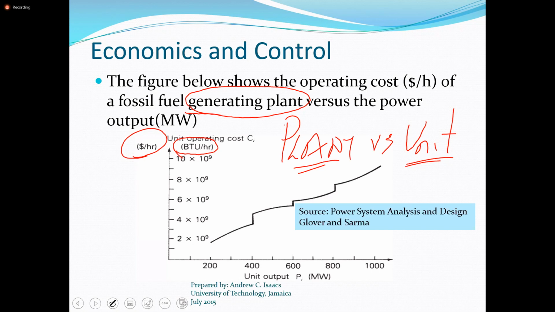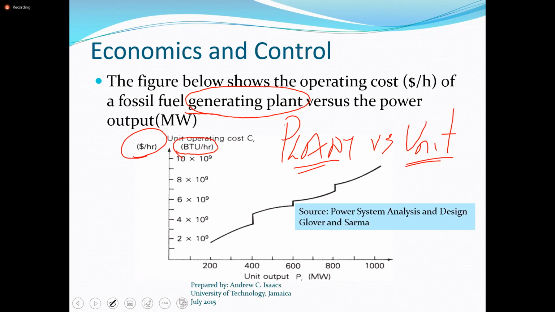Each generator would be considered a unit, and the generators combined in that facility would be a plant. For those from Jamaica, the B6 is a generating unit, but that B6 generating unit is a part of the Hunts Bay plant. So we make that distinction.